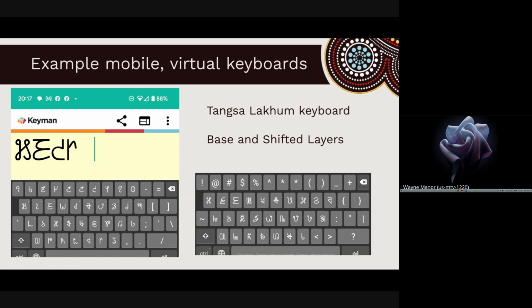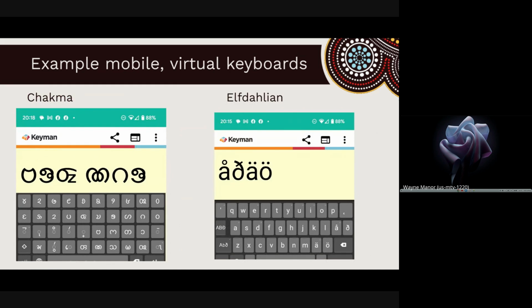We do have some variations for essentially a virtual keyboard on a desktop. But here you can see one of the keyboards for Texin Lakum, and you see the base layer and the shifted layer. Here's Chakma and Elfdalian.